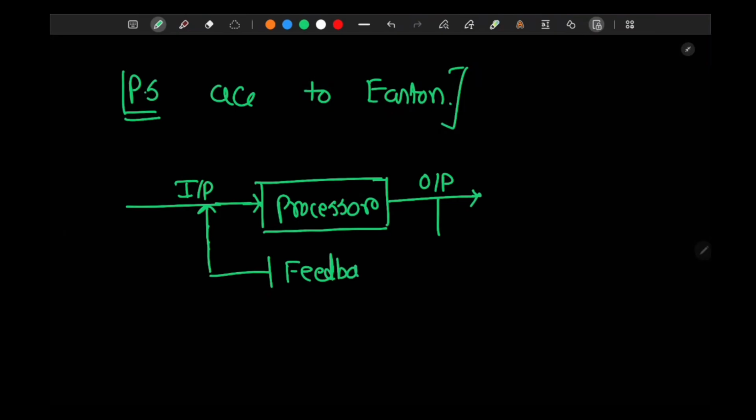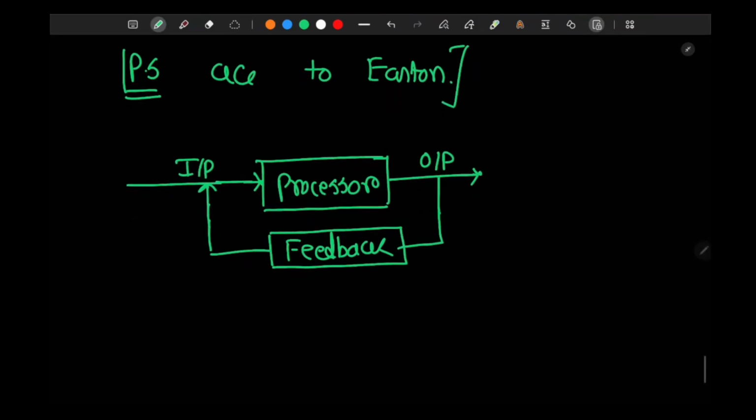What is input? Input is of two types. First input is demands, and second input is support.